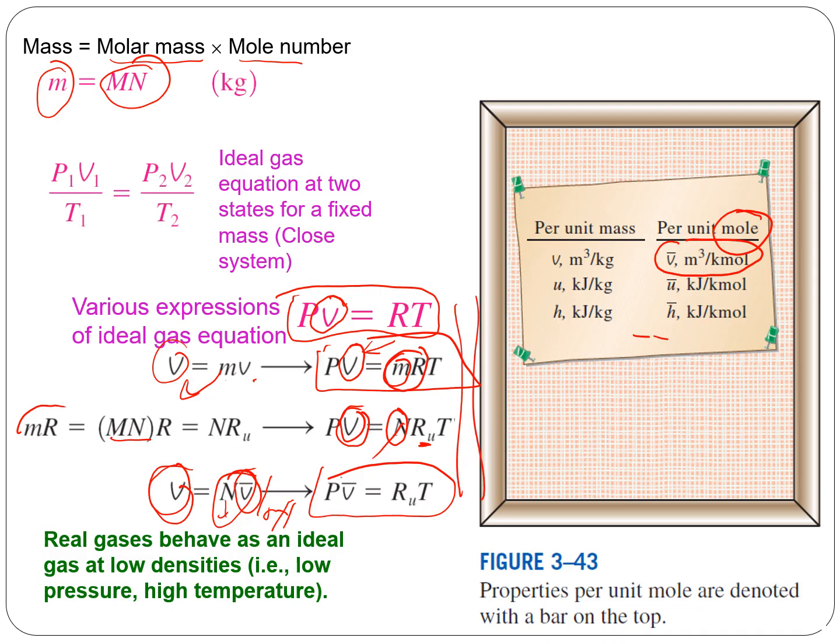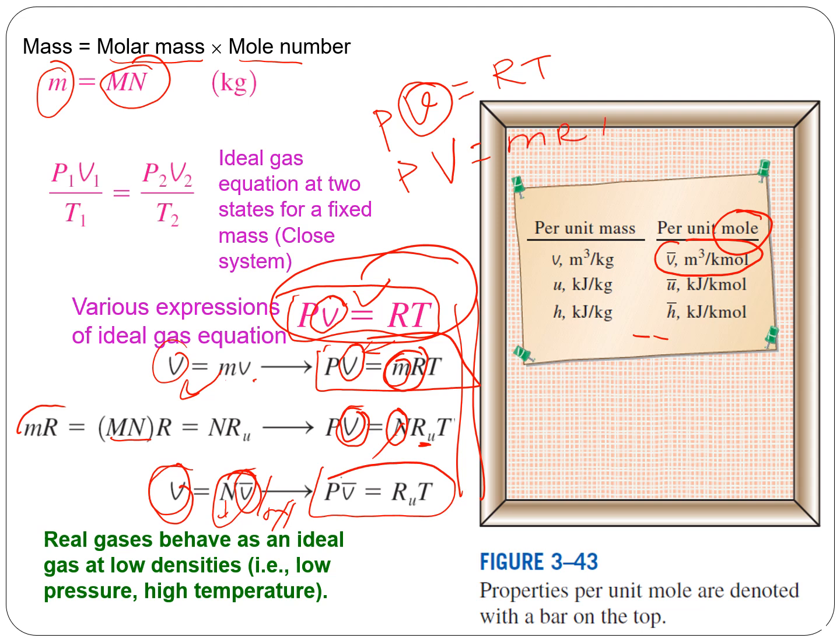Again, all these are coming from the same equation, keeping the same equation but with different variables. You should know the variations coming from here, but we'll mostly be focusing on Pv equals RT, where this is the specific volume, and if you write in terms of mass, then capital V, and it would be mRT.